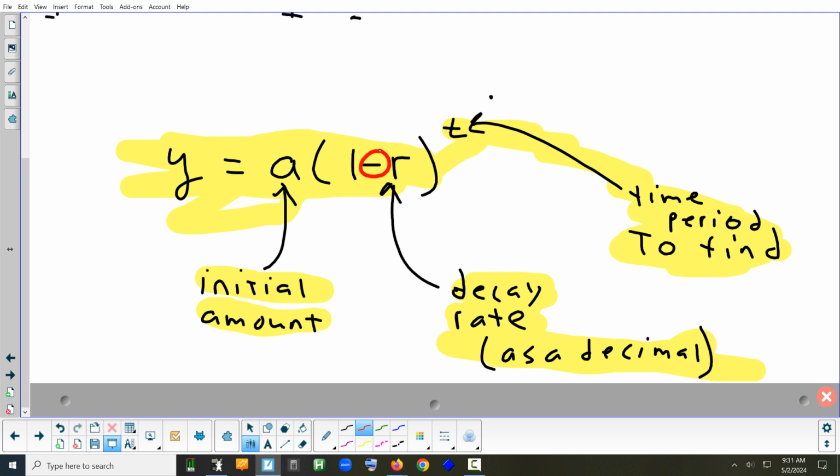So that would be like if I said the population of a city is decreasing at 5% each year. Because I use the word decreasing, that's decay, it's going down. If I said the population is increasing at 5%, that's going up. And T is the time period.